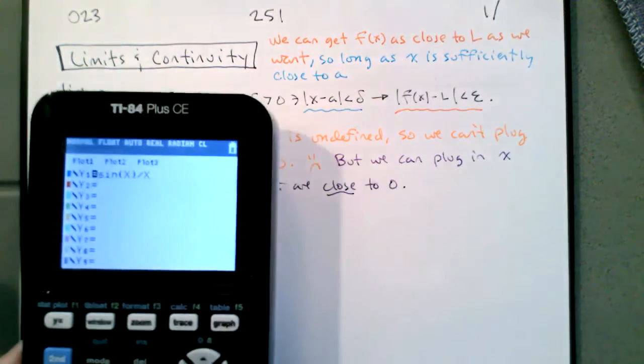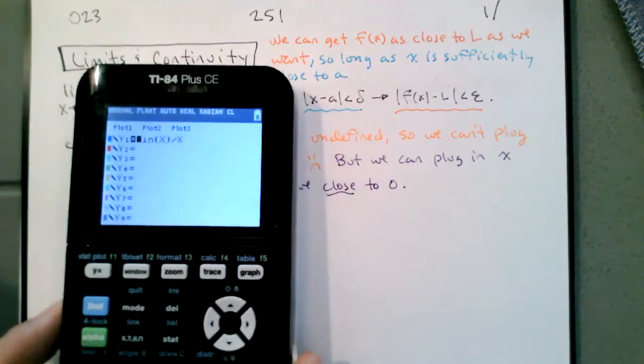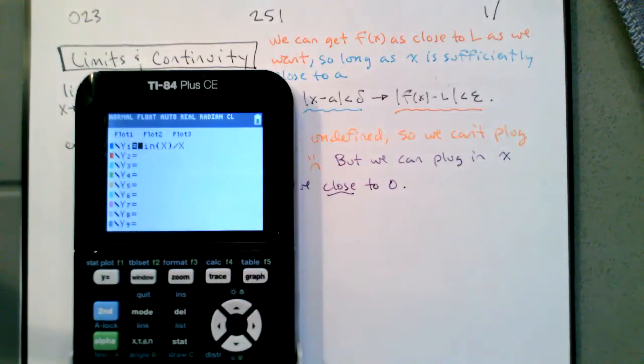I'm going to take my function, sine of x over x, and I'm going to put it into my calculator, and then I'm going to look at a graph. A lot of times I see people say, oh, or we can look at a graph. When you're looking at a graph, you are plugging in a bunch of values of x. So plugging in a bunch of values of x, looking at a graph, same technique.